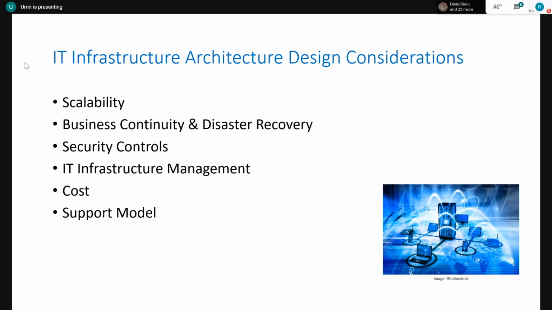So I'm just touching on the tip of the iceberg. There's a lot to learn here. And I'm sharing this from an architecture perspective, some of the most important or critical things to think about when you're pulling the design together for infrastructure architecture.